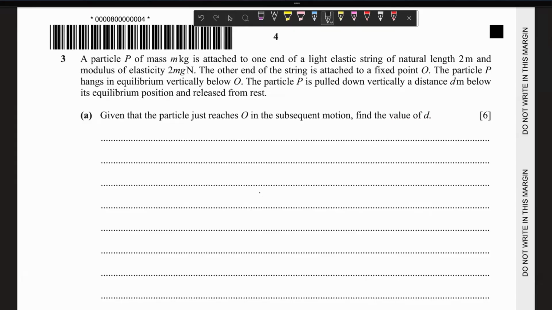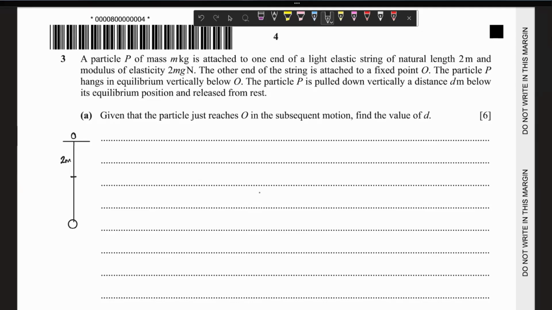Okay, so let's illustrate what we are being told. So we have a point O from which the particle hangs. So let's say we have it like this. The natural length, we have been told that it's 2 meters. This is the fixed point O, and this is the particle. And this is at equilibrium position, all right?